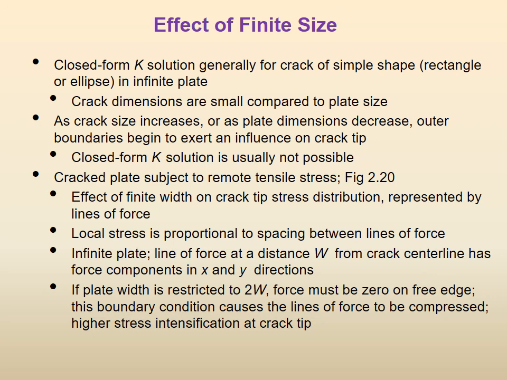And if you remember, an ellipse, if you collapse it, if you make the major axis almost insignificant, then it will be a sharp crack of length 2a and something. If you make both a and c equal, then it will become a circle or penny shaped, right? So we have covered all the three. And of course, if you slice the plate in half, then this embedded crack, central crack, will become an edge crack.